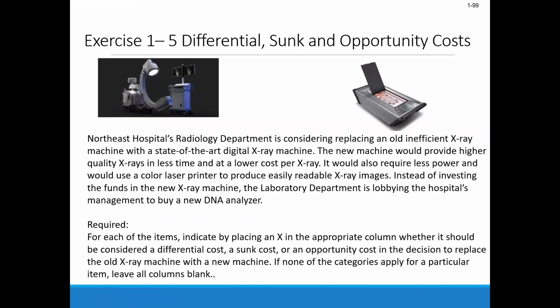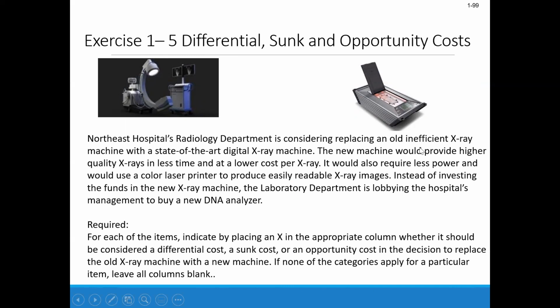So, Northeast Hospital's radiology department is considering replacing an old inefficient X-ray machine with the state-of-the-art digital X-ray machine. The machine would provide higher quality X-rays in less time and at a lower cost per X-ray.